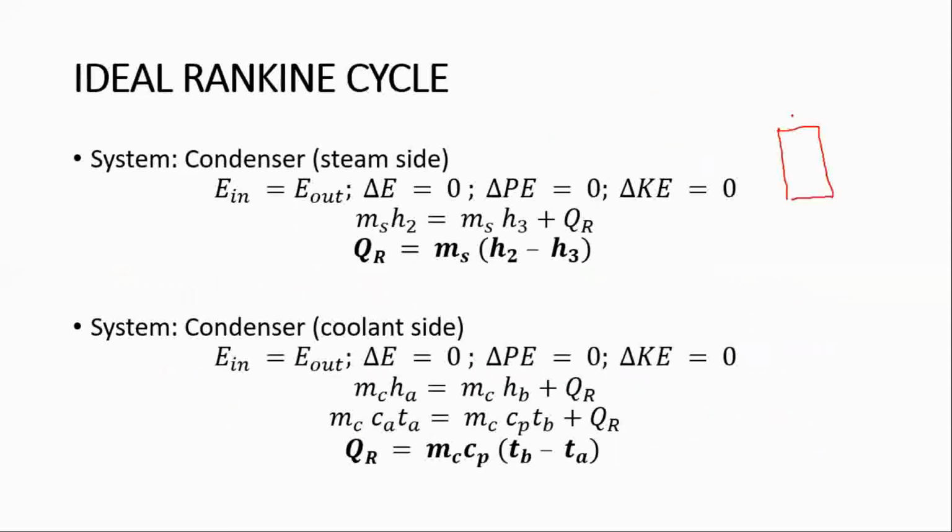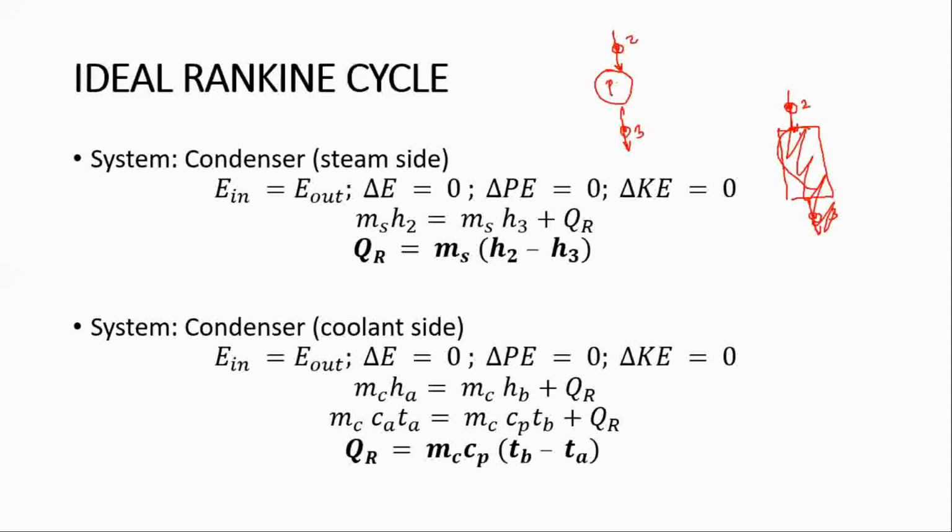So, steam side. So, galing sa turbina, ito yung 0.2. And then, this is yung 0.3. Ito yung ating condenser.